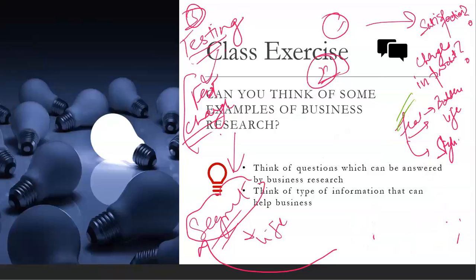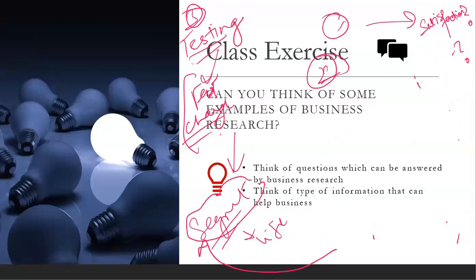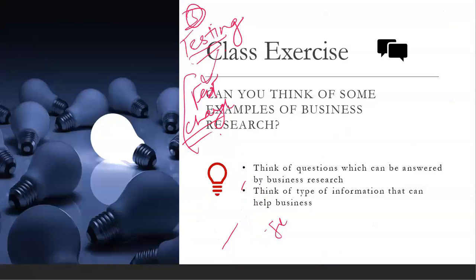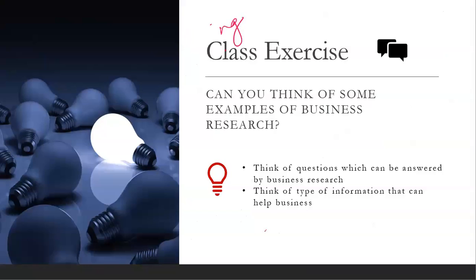Even trend analysis can be done by business research, of similar products. Like how long a trend lasts, or any specific trend in the market, and then according to that, for example, how long a product of a similar kind lasts in the market, can be planned accordingly.